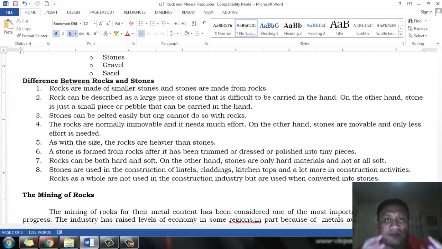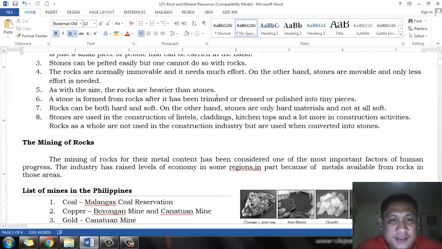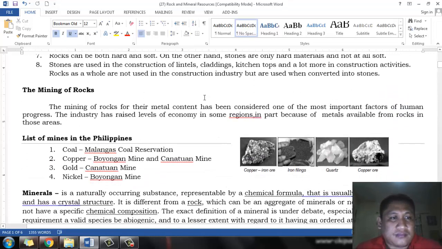So, it's a piece of rock, but it will still go through a process, not really purification, but it might be softening of the edges, and later on it will become a stone. You can find lots of stones around you, and sometimes you've been using these stones. That's the primary difference of the two.